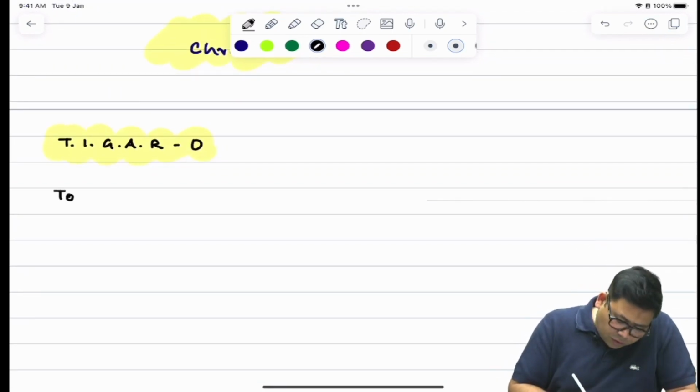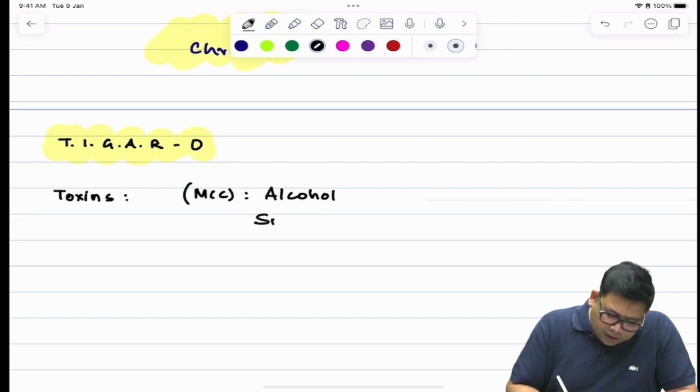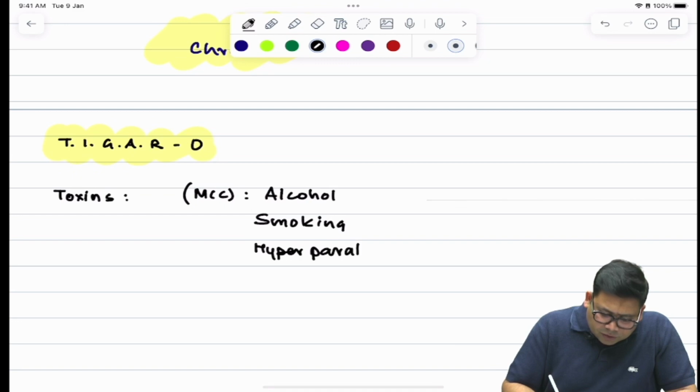When we talk about the toxins, what are the classical toxins that we have? The most common cause of chronic pancreatitis is alcohol. Then we have smoking or tobacco as a risk factor. You should also know that we have hyperparathyroidism. Why is hyperparathyroidism so lethal here?